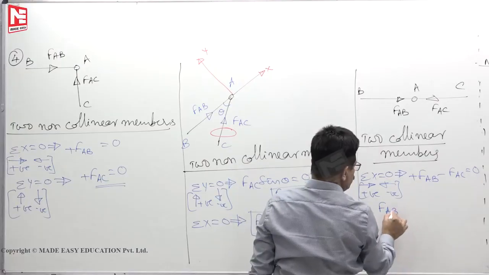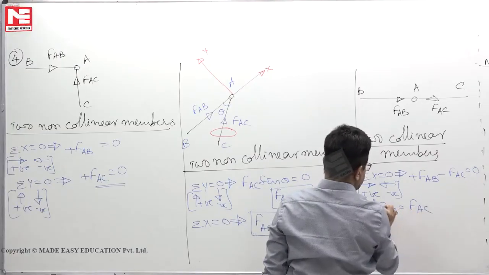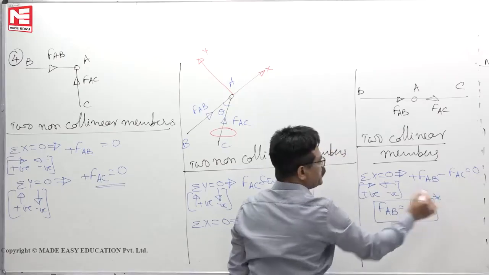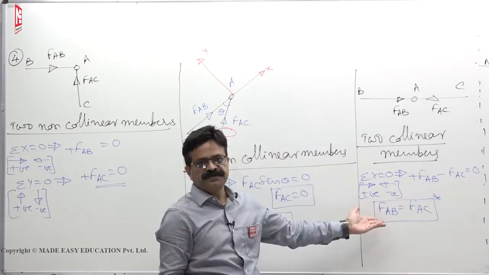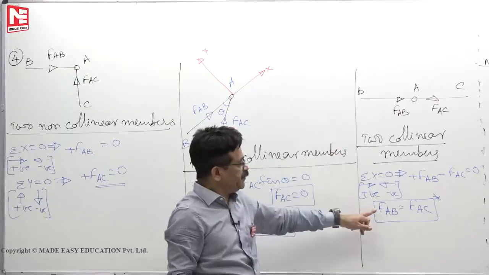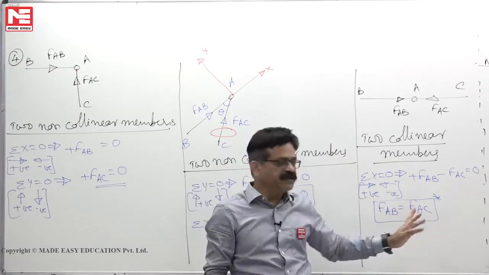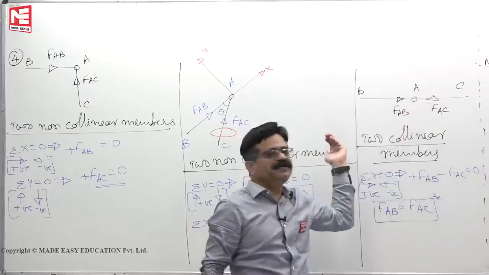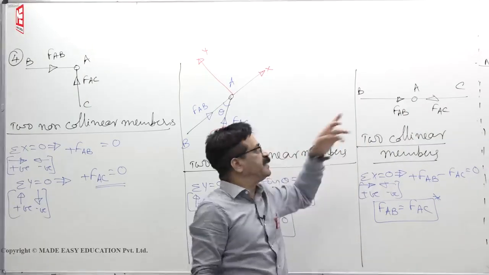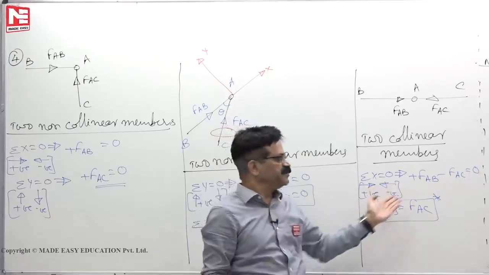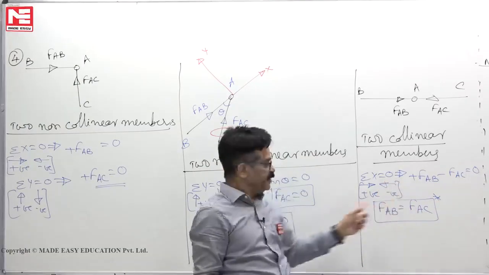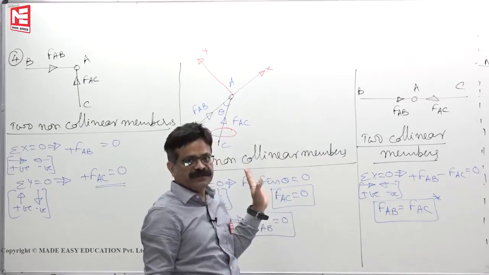So you can at the most tell that FAB is equal to FAC. That's all. Individually, they need not be 0, they are equal. If FAB is 0, FAC will be 0, but if FAB is 20 kilonewton, that will be 20. They can be 0, but they need not be 0 also. 20 means 20, 30 means 30 will be there. But in these two cases, they have to be 0 only.